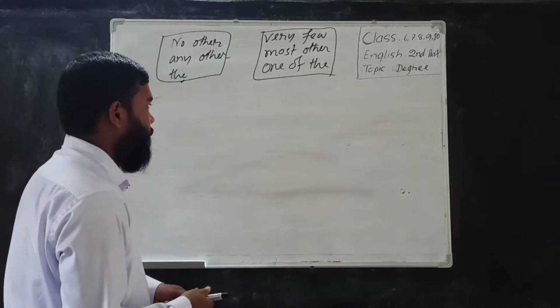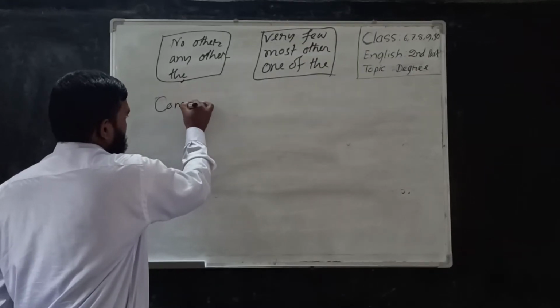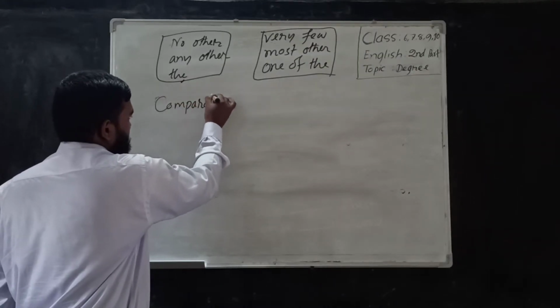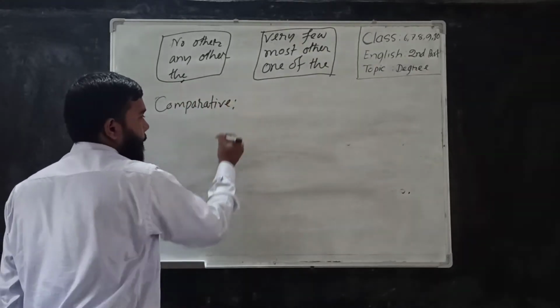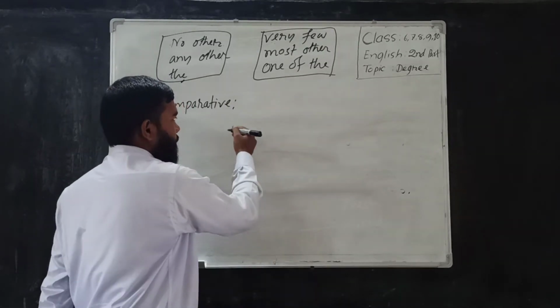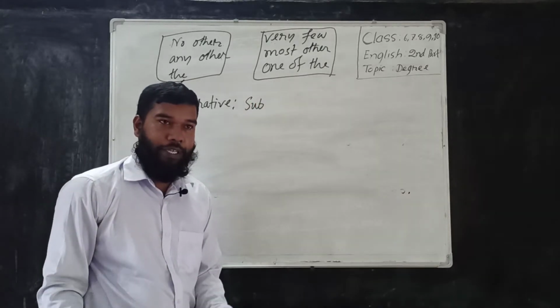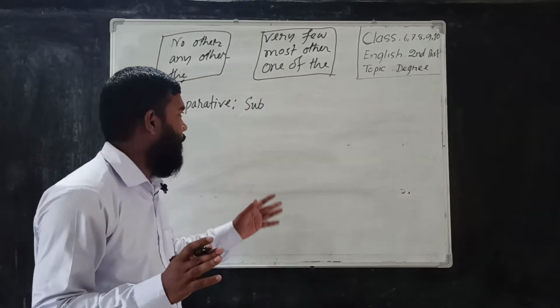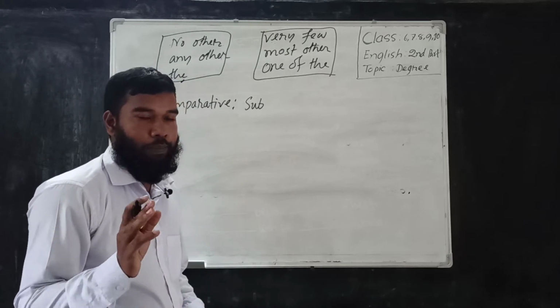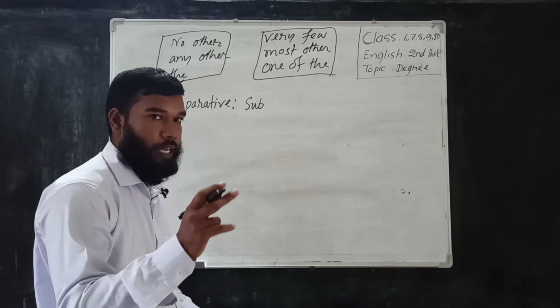Now I will write the structure of comparative degree. Comparative. Okay, let's see the steps. First step, subject. If you find a subject at the beginning of the sentence, you have to take that subject. But if you don't find the subject at the beginning of the sentence, then you have to take the last subject.